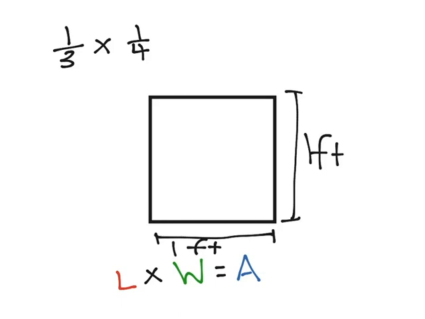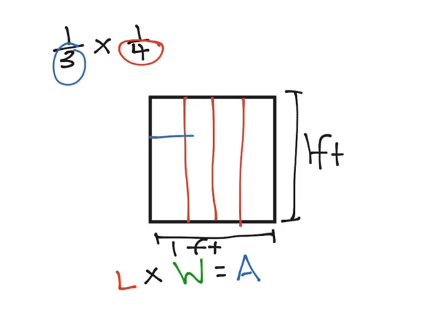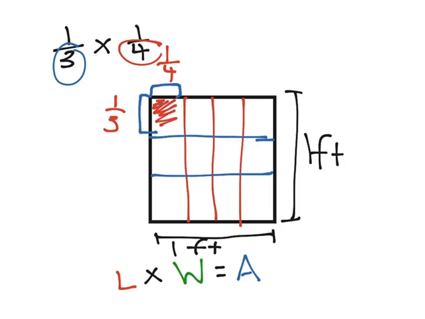So I'm going to do that by showing you how to tile these. So my denominator is fourths on this side, and on this side it's thirds. So now I'm showing you right here that this tile is 1/4 by 1/3. This little area right here is a 1/4 by 1/3 tile.